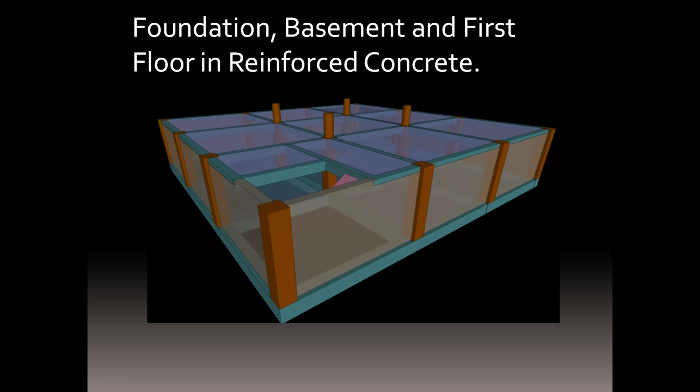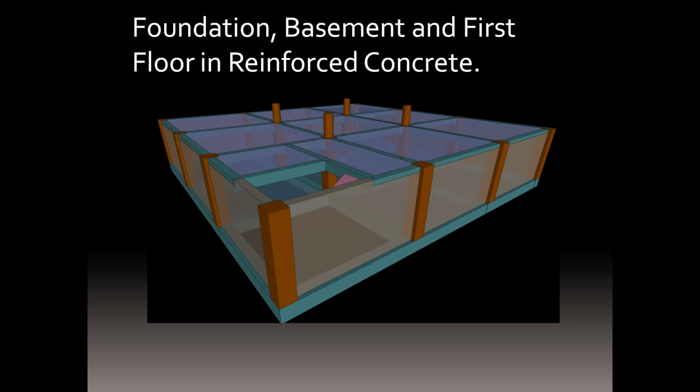The other part, the lower part of this building, will be a foundation, basement, and first floor in reinforced concrete. We can see different elements composing this structure. We will have a mat slab, foundation beams, and some important columns, with different features for this structure. We will have a very heavy live load on the first floor.